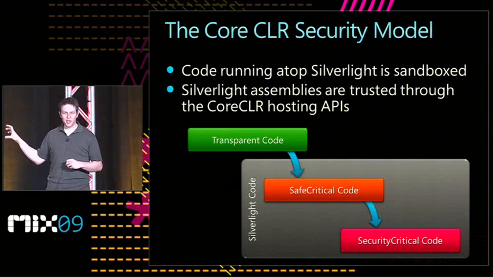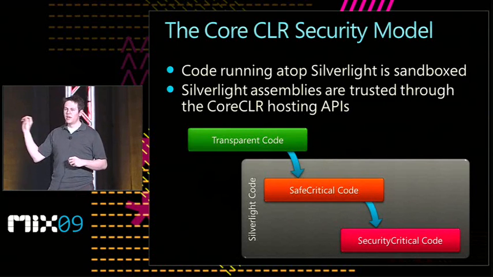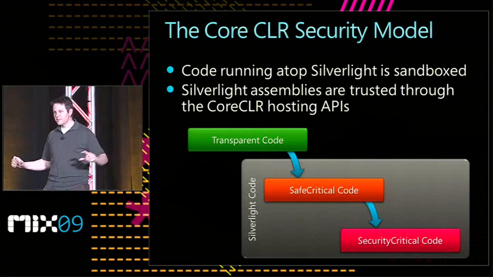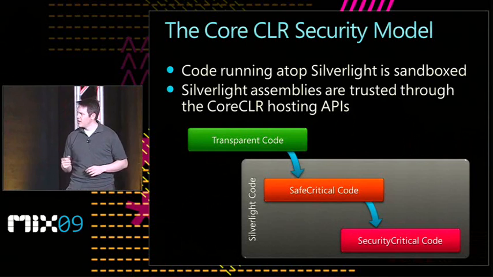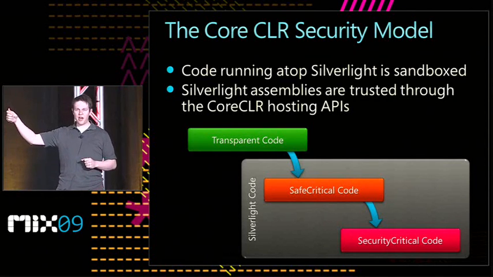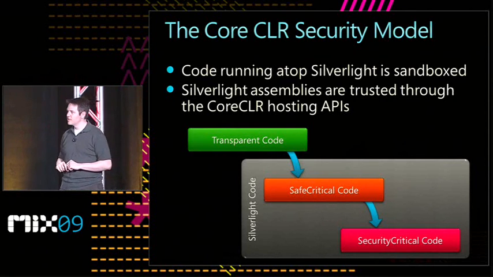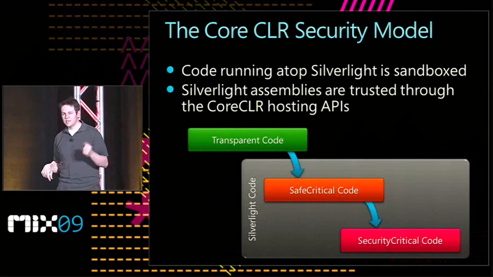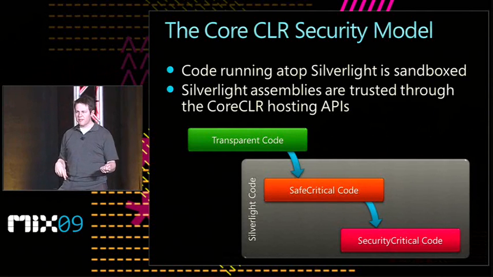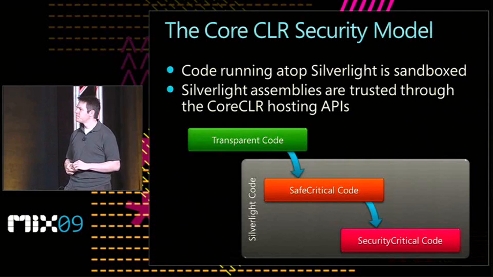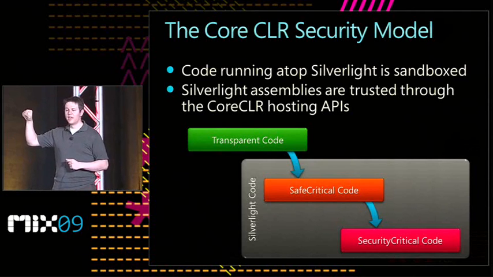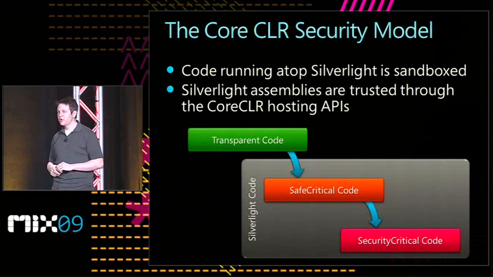Whereas safe critical code plays that bridge, where safe critical code should always validate the inputs to its functions. And then lastly, transparent code, which lives outside of the Silverlight framework. So this is something that you would download in your XAP file or any library that you would get, such as LINQ. And that code can call any other transparent code or just safe critical code.